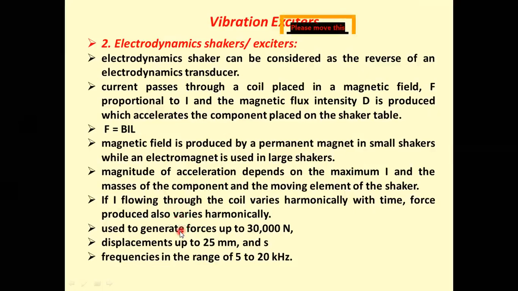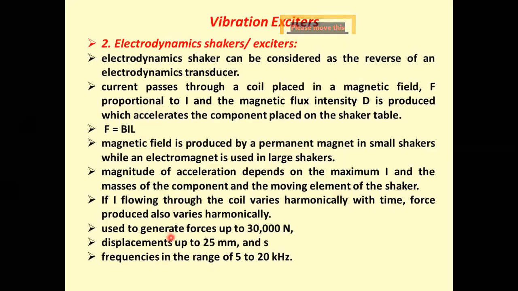On the other hand, if direct current is used to energize the coil, then a constant excitation force is generated. So we can generate either a harmonic excitation or a constant excitation. If we use a constant current through the coil, we get a constant force, and if we vary the current harmonically with time, then we get a harmonic excitation force.